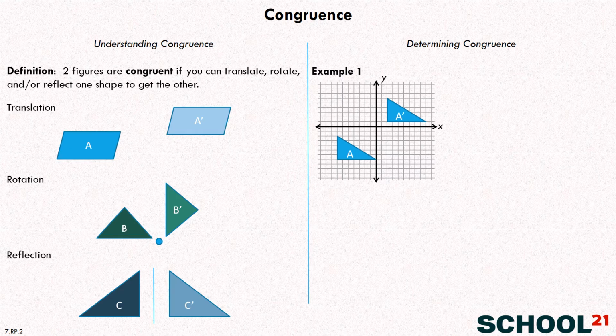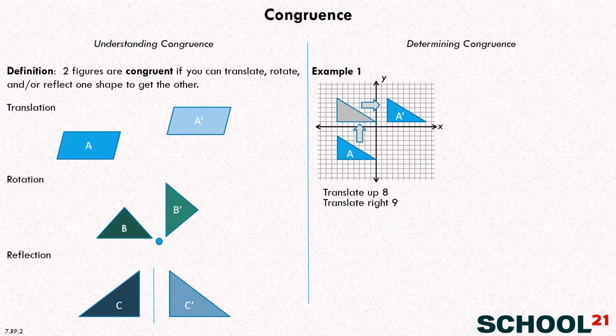So what do you think has gone on here to get from shape A to shape A prime? It looks like it was translated. Translated, okay. And actually we did 2 translations. Let's list them. The first translation is we went up 8 grids on the coordinate plane, and then we went to the right 9. And that's how we got from A to A prime.